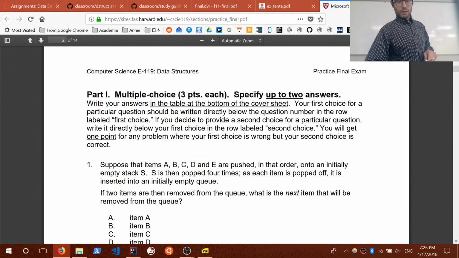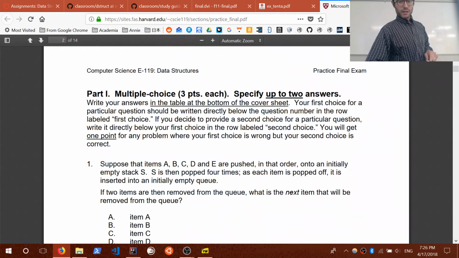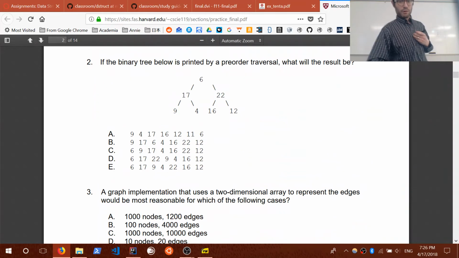If the binary tree printed below is printed in pre-order traversal, what will the first result be? So we've got 5 different answers here. First off, in pre-order traversal, what is the first node we visit? The root.